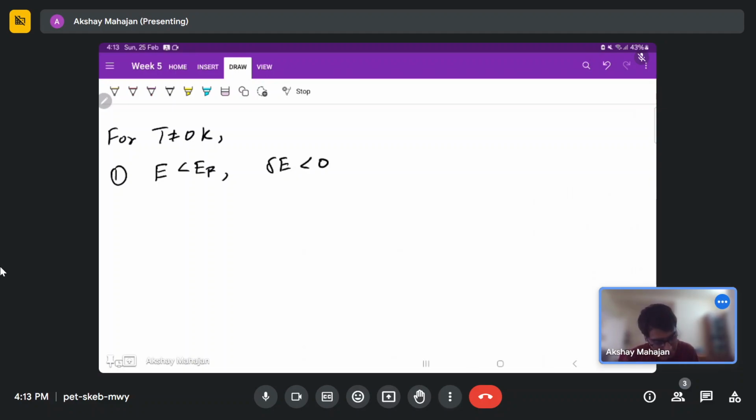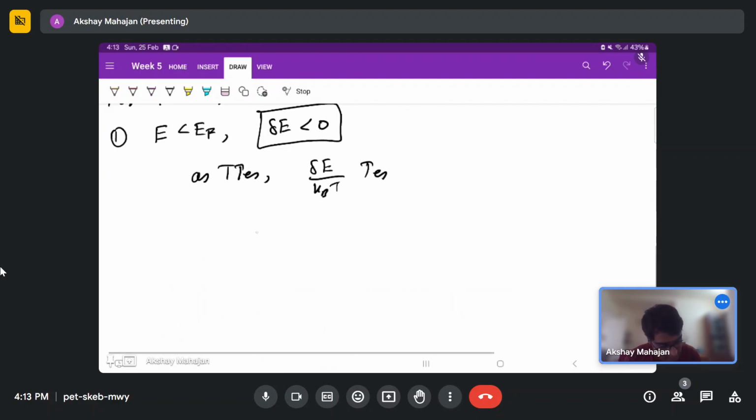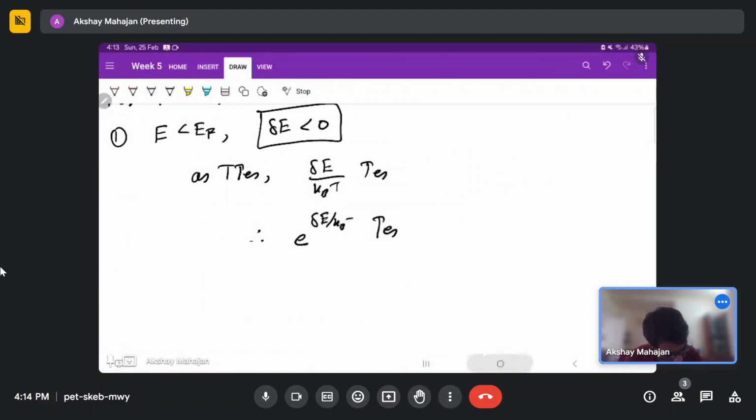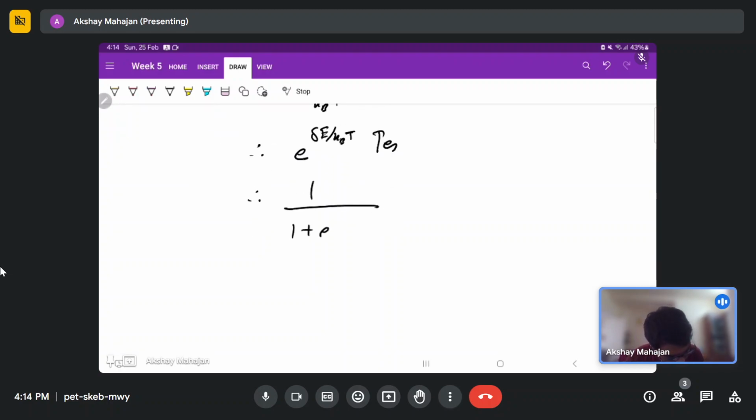As T increases, the magnitude of this del E by kBT will decrease, but since it is negative, the value will increase, and therefore e to the power del E by kBT will also increase, and therefore 1 upon 1 plus e to the power del E by kBT will decrease.